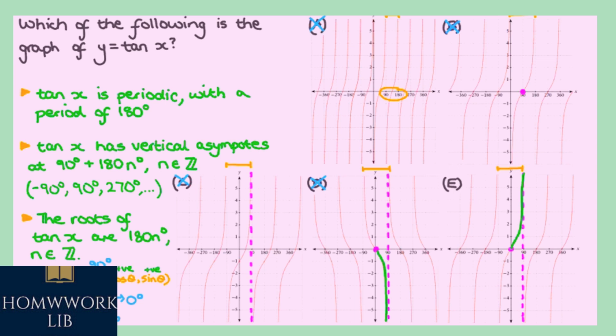In the first quadrant, both the x and y coordinates are positive, and so cosine and sine are both positive. As the tangent of an angle theta is equal to the sine of theta over the cosine of theta, it then follows that tangent is also positive in the first quadrant. So, by recalling the key properties of the tangent function, we've found that the graph of y equals tan x is graph E.